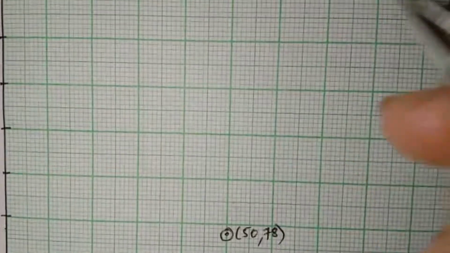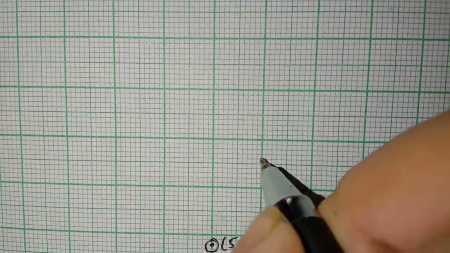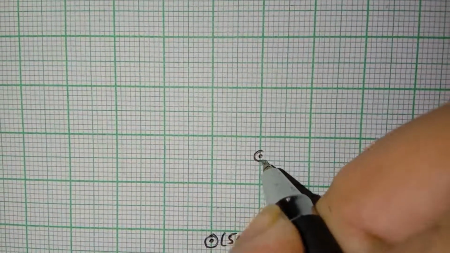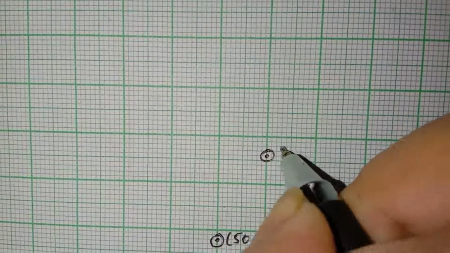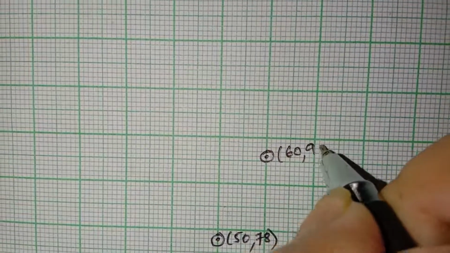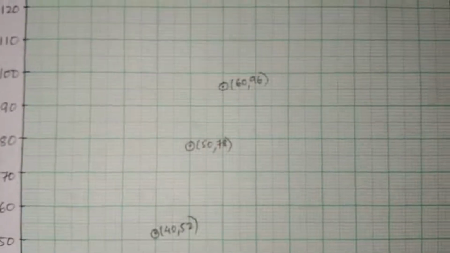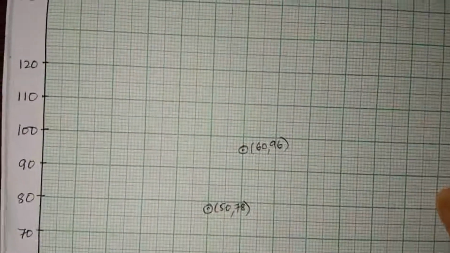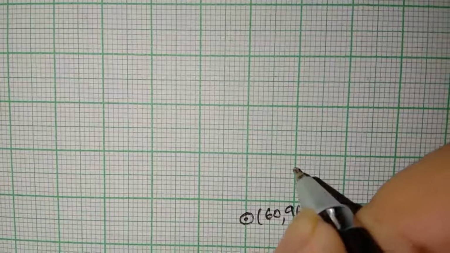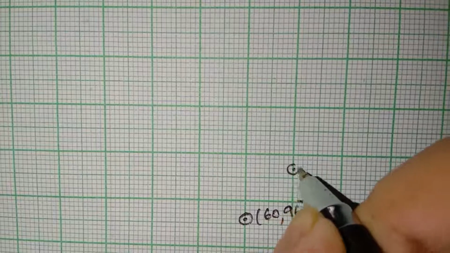This is 95, this is 96. Another one is 70 comma 107. This is 100, 105, 107.